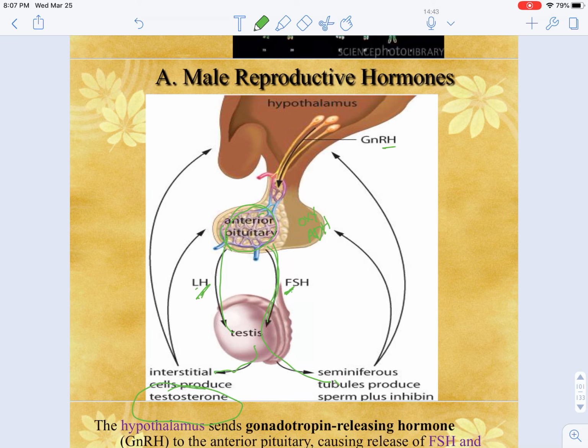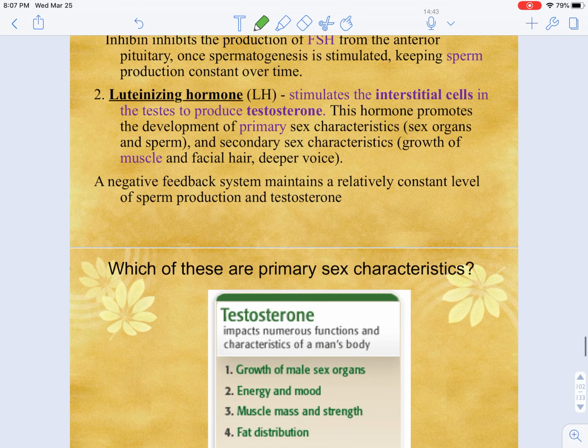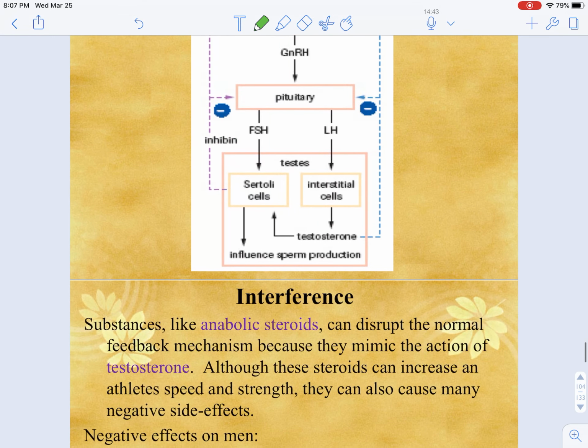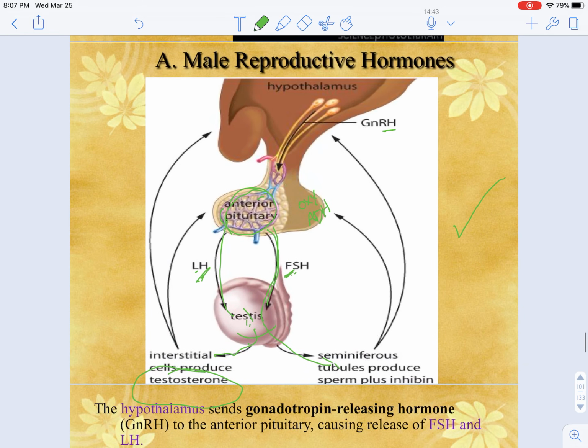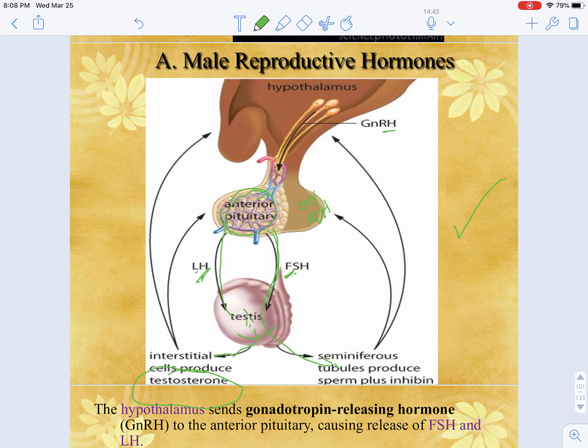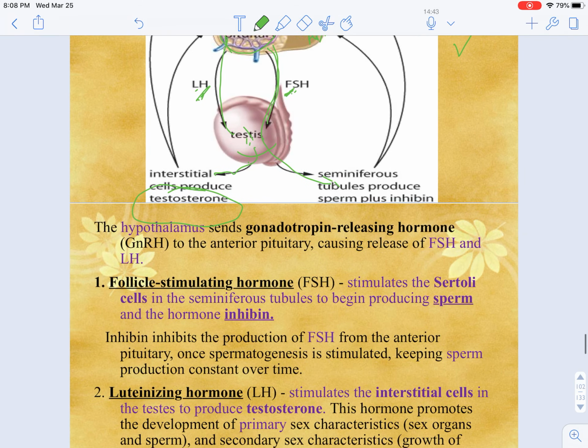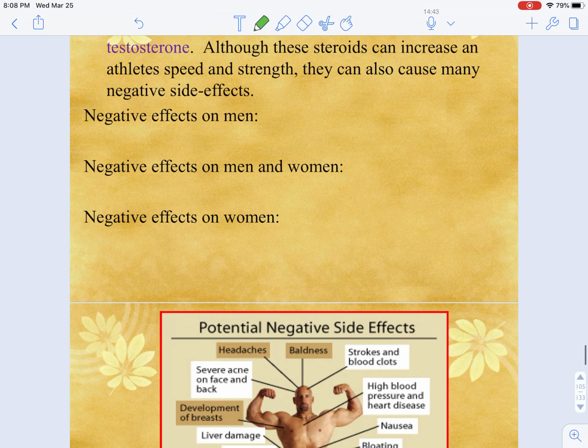In the male, the LH and FSH are targeting the testes, because in those seminiferous tubules, FSH is causing spermatogenesis, or sperm development, and LH is causing those interstitial cells of the testes to make testosterone. That, my friends, is the simple male feedback loop, and the notes just walk through that whole feedback loop with you, remembering that there's a negative feedback going to both parts of the brain, the pituitary and the hypothalamus, to stop it when we have enough of the products.